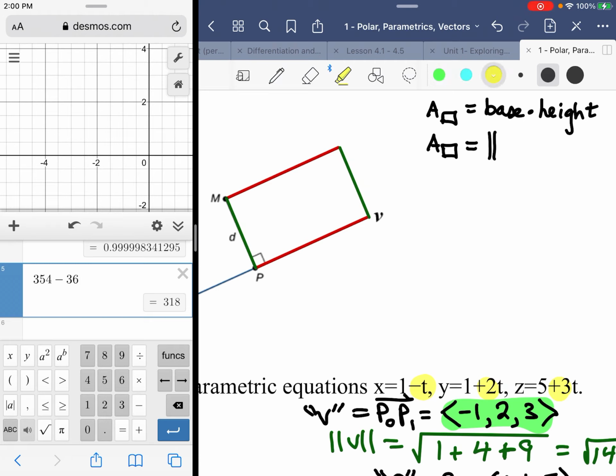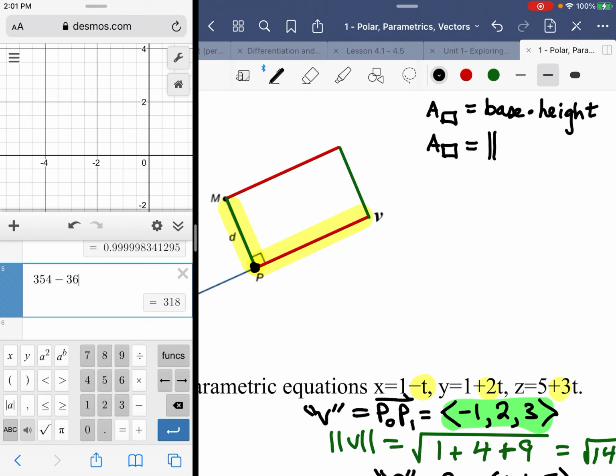The two adjacent vectors that I'm concerned with here would be the one going from P to V, and the one going from P to M. So we can designate the vector V, just to keep it consistent with the formula, as being this vector with an origin point of P. You can also say it's going from P to V, but it's really just a matter of perspective.